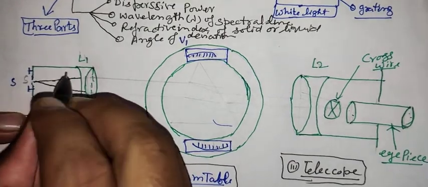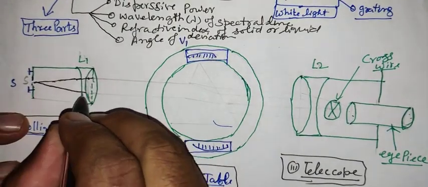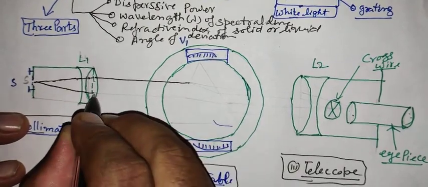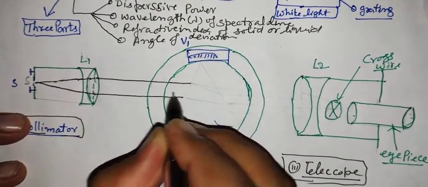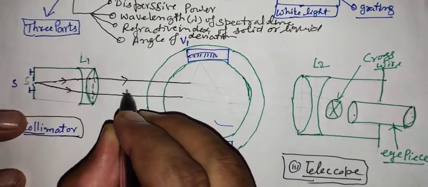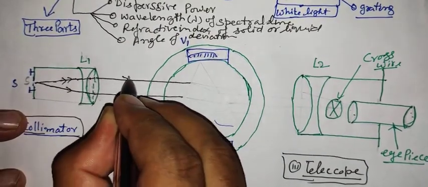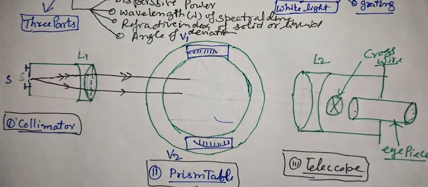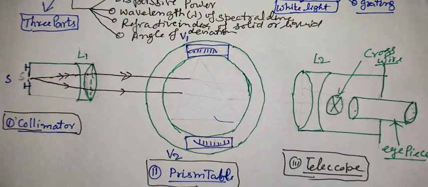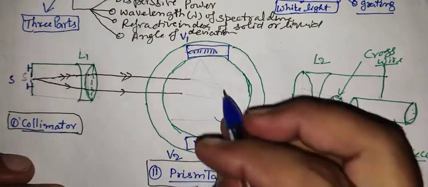The source of light falls on the achromatic combination of lens and becomes parallel. This parallel ray of light is allowed to fall either on a prism or a grating kept on the prism table, also called the grating table.